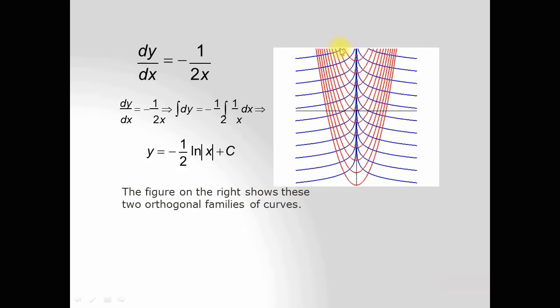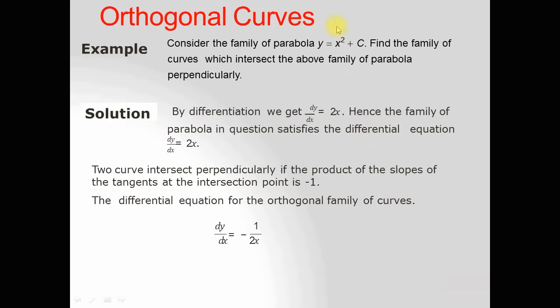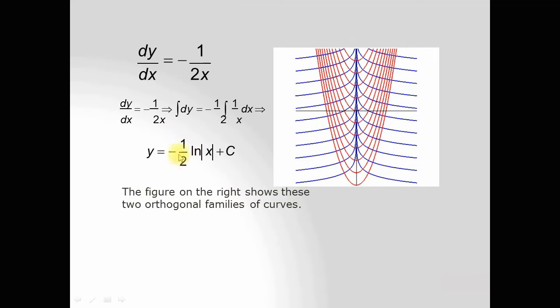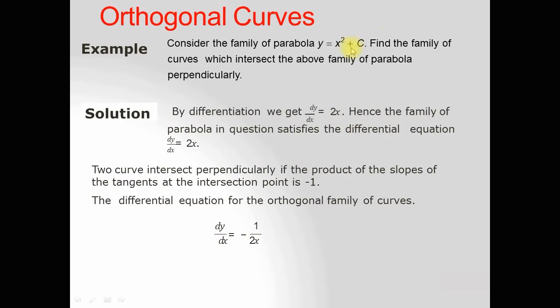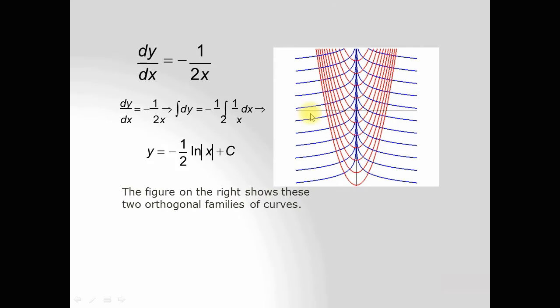The red color represents the given curves, because this is the given equation of the curves. The required equation which we have found here represents the other family, shown in blue. So the blue curves are represented by this equation, and the red curves by the given equation. These are orthogonal trajectories because each blue curve intersects all the red curves at 90-degree angles. So these are the orthogonal family of curves.